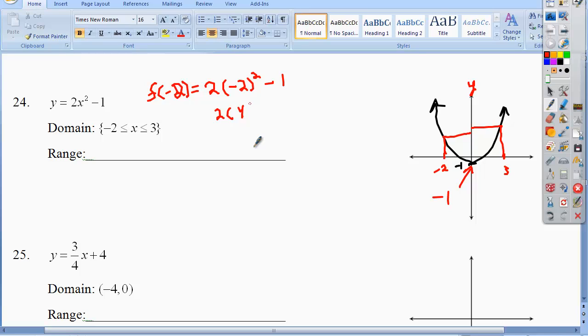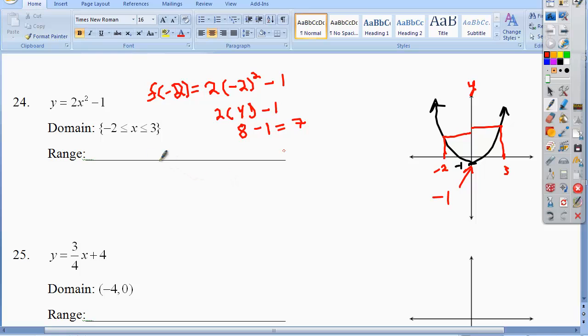Then we have 2 times 4, which gives me 8. 8 minus 1, which equals 7. Alright, so this is one value.